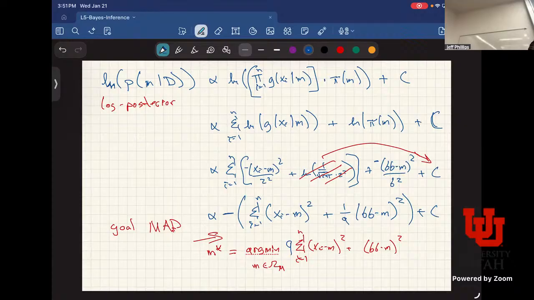I have to care about everything, but this tells me how important is this versus this. Okay, we're going to go through one more thought experiment in the next slide, and we'll wrap up and do the quiz.